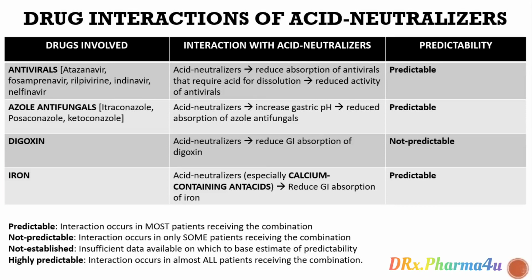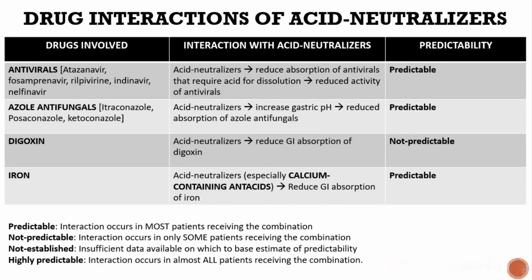As I said before, these 5 medicines usually require a gastric medium for showing their pharmacological activity. So when you are using an acid neutralizer, the opposite thing happens. Acid neutralizers reduce the absorption of antivirals that require acid for dissolution, which can reduce the activity of antivirals.